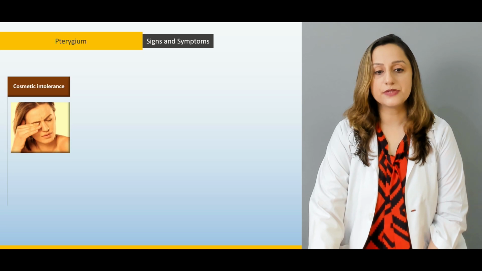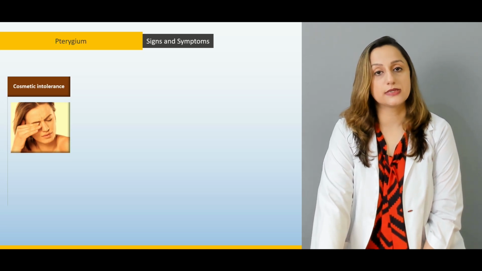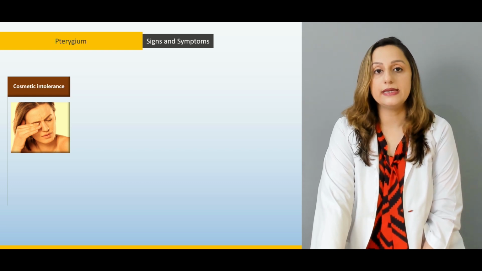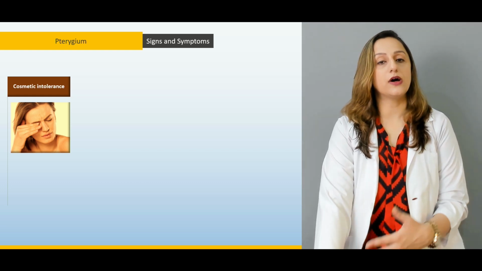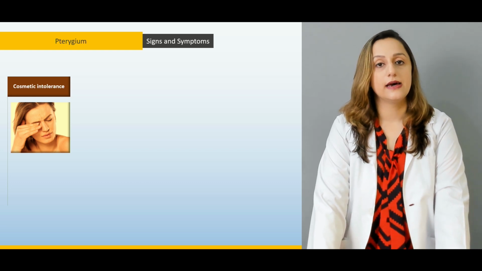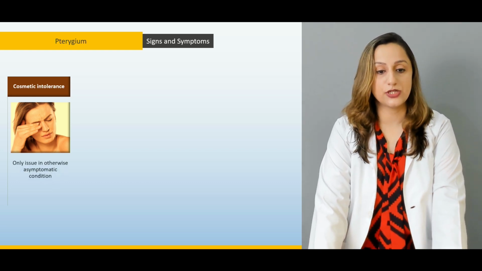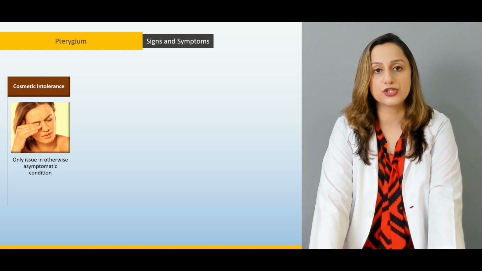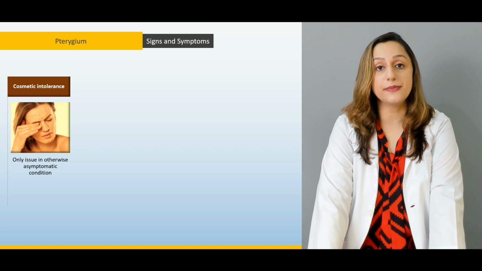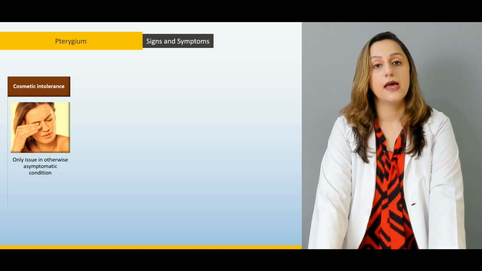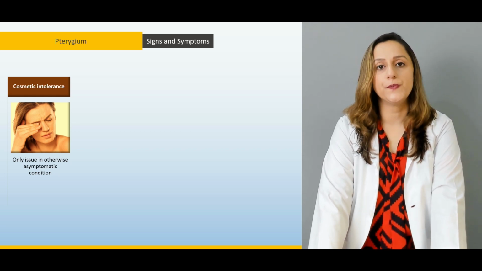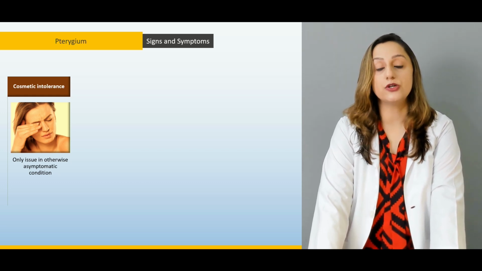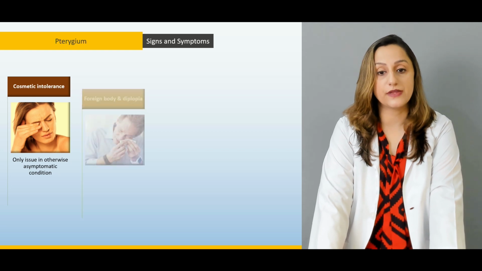The signs and symptoms would be cosmetic intolerance. So the final outcome would be cosmetic intolerance seen in these patients. Otherwise it's usually an asymptomatic condition. Patients would not complain of any foreign body sensation if it's just a small tissue, but the only thing that would be hindering is the overall visual appearance of the patient.